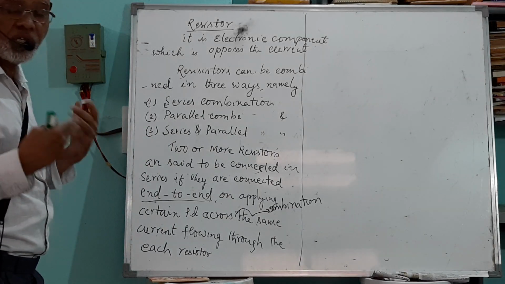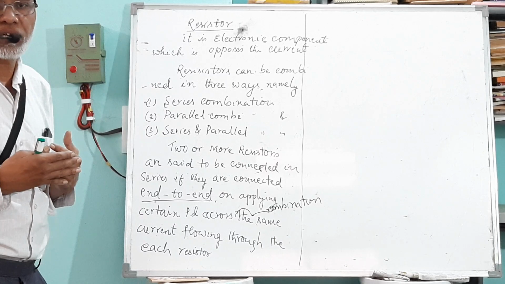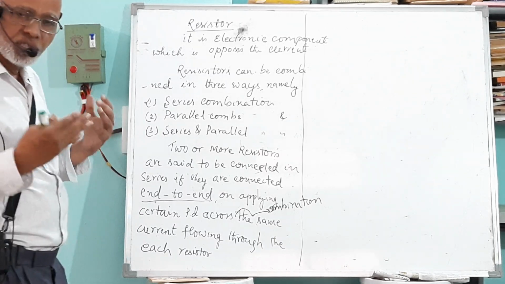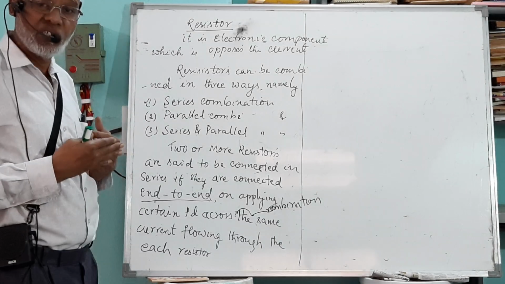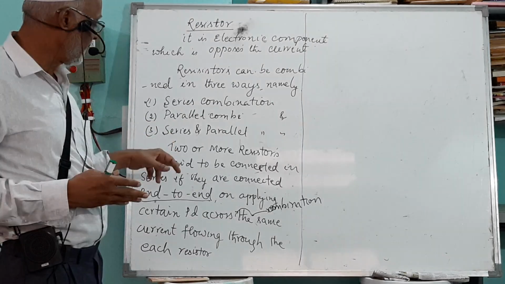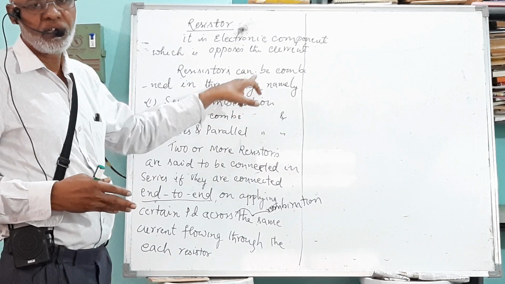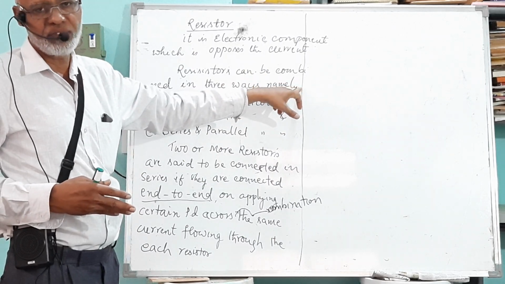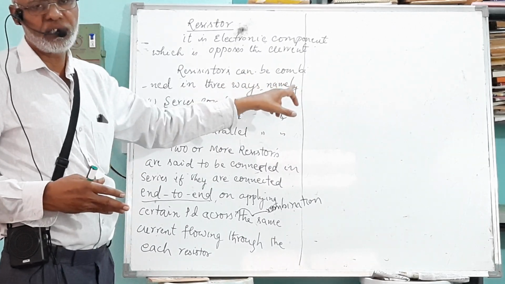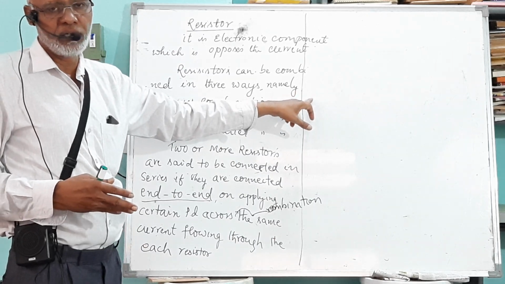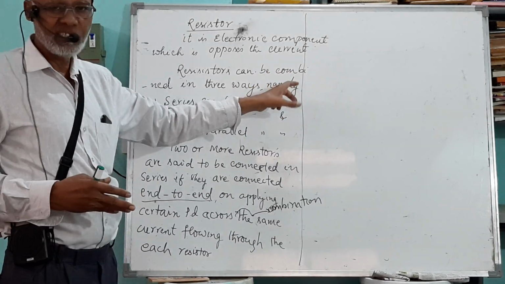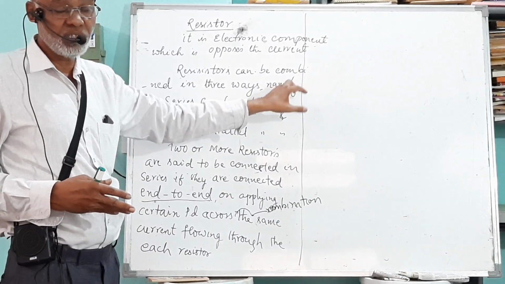Resistors are said to be connected in series if they are connected end to end. I mean that one end of a resistor is connected with the other end of another resistor. This is the combination of two resistors.